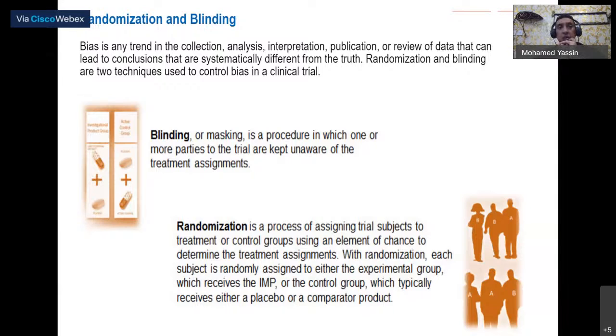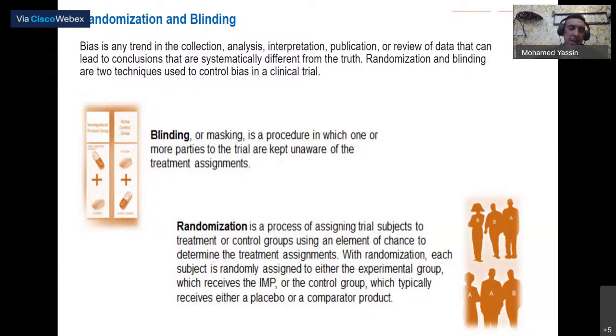As you know, bias is any trend in the collection, analysis, interpretation, publication, or review of data that can lead to conclusions that are systematically different from the truth. Randomization and blinding are two techniques used to control bias in clinical trials.